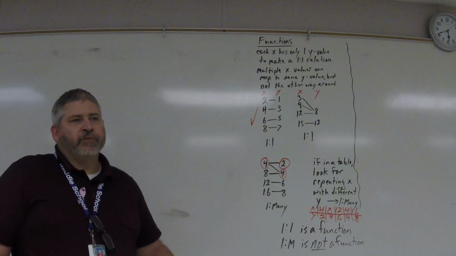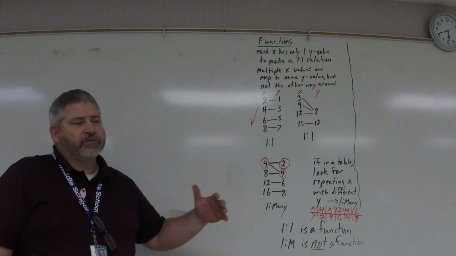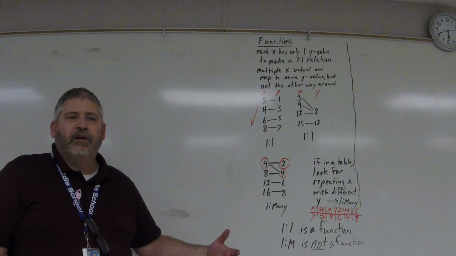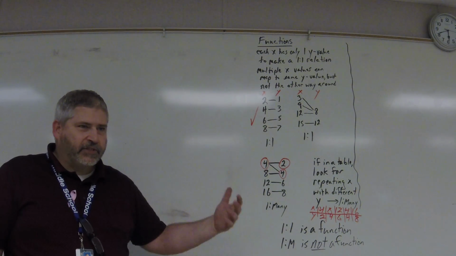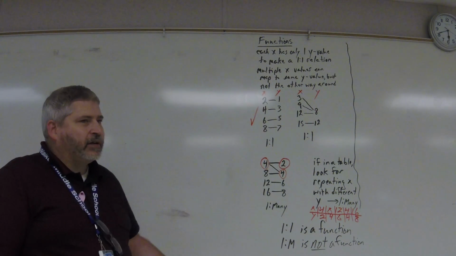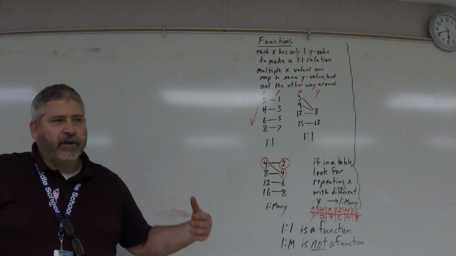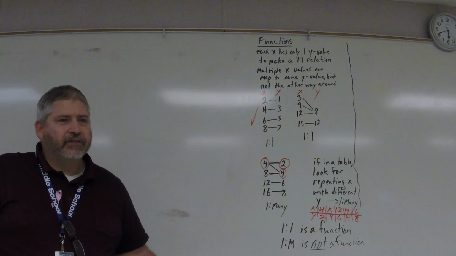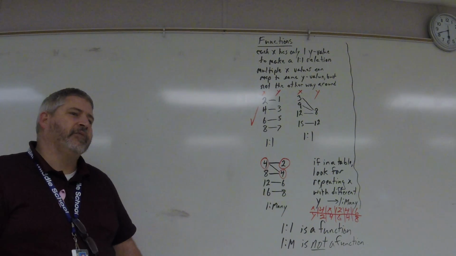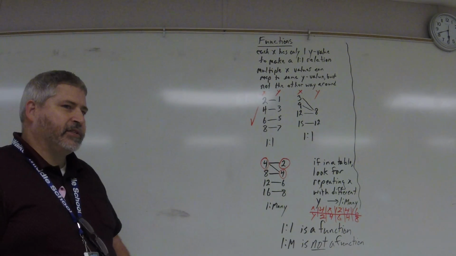Well, if they work the same number of hours, and I got 7 employees that work 20 hours and they make $12 an hour, they're all going to have the same size gross pay. So it's okay that we have 7 of the same X, because we're getting the identical Y each time there is that X.